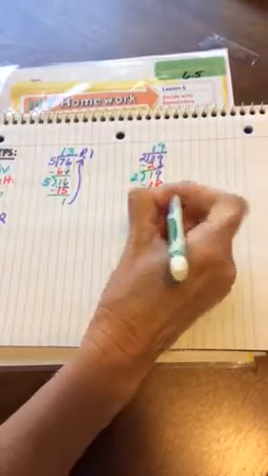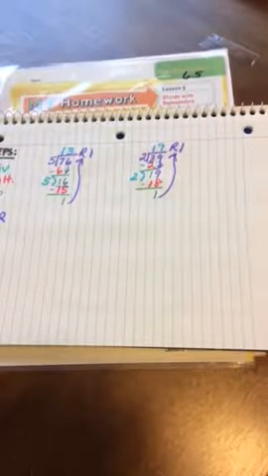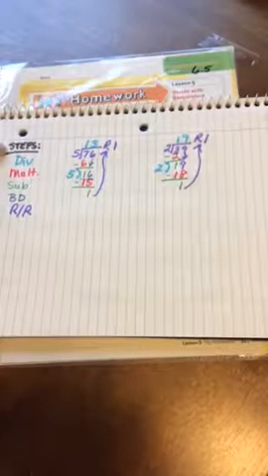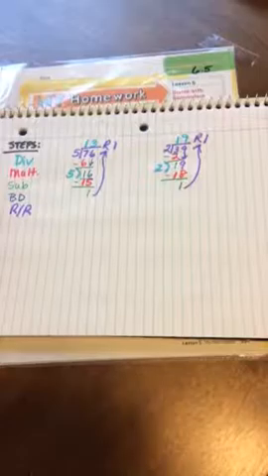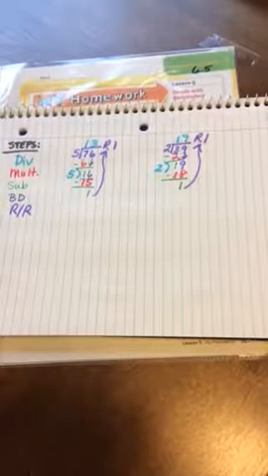Then I subtract. 18 away from 19 is 1. And I have no other number to bring down, so I know I'm done. And this is my remainder that I bring up. So the answer to 39 divided by 2 is 19 with a remainder of 1. Just remember the steps: divide, multiply, subtract, bring down, and repeat, or bring up the remainder.